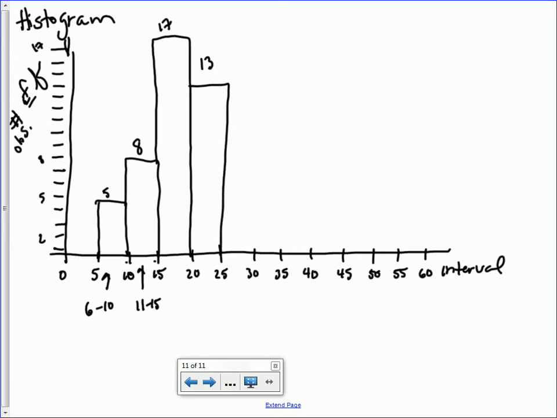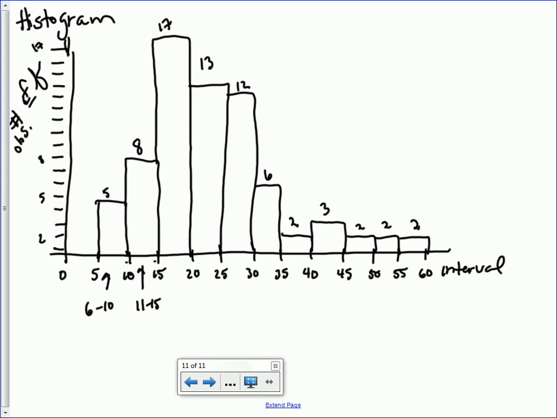And then we have 12, so just one less than that. Then a 6. A 2. Not very many there in those categories. A 3. A 2. And a 2. And a 2.